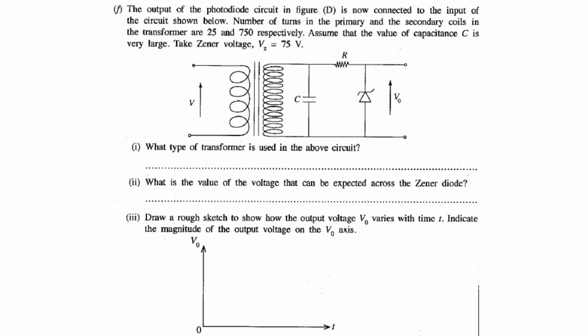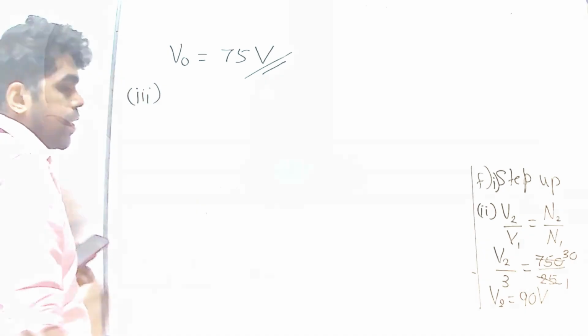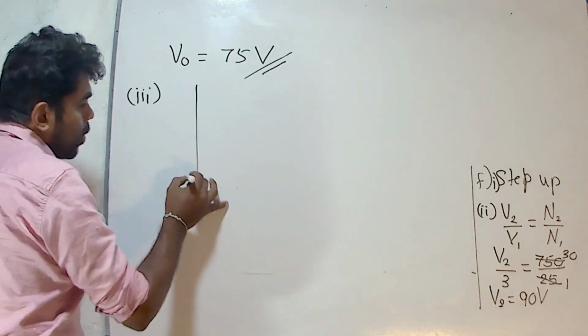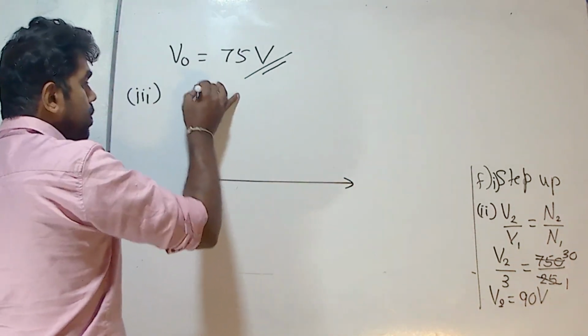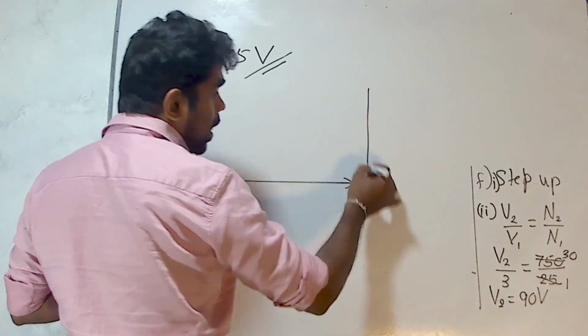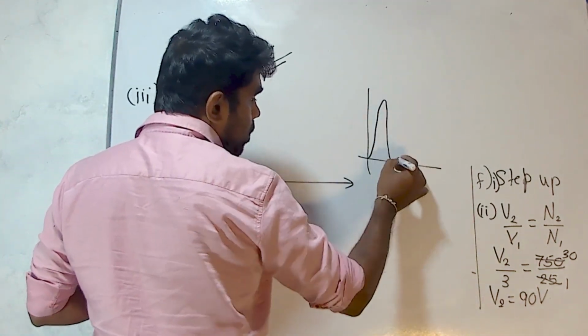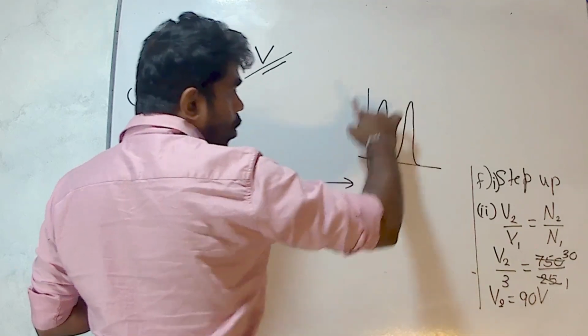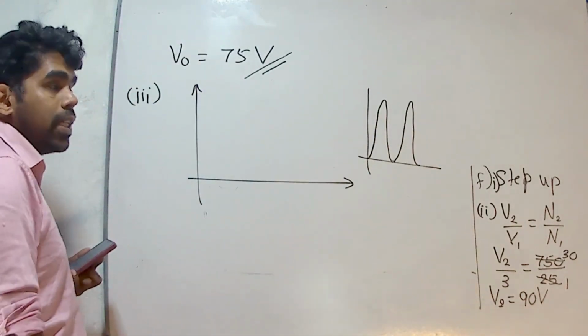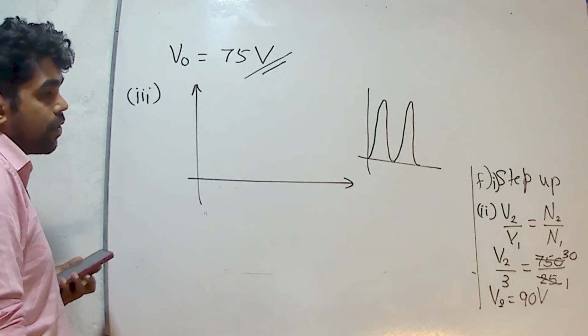In part 3, draw a rough sketch to show the output voltage with time, and indicate the magnitude of voltage on the y-axis. The Zener diode is acting as a voltage regulator, and for the corresponding voltage we have obtained in the first graph.